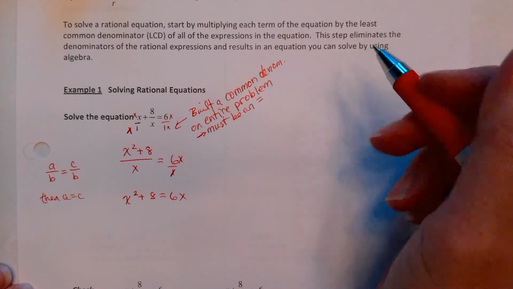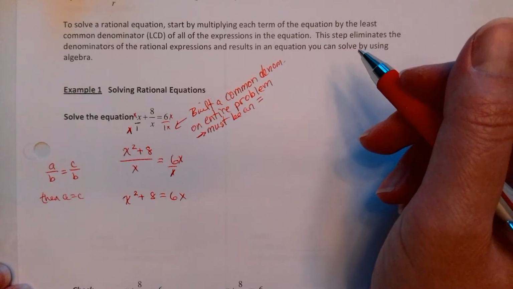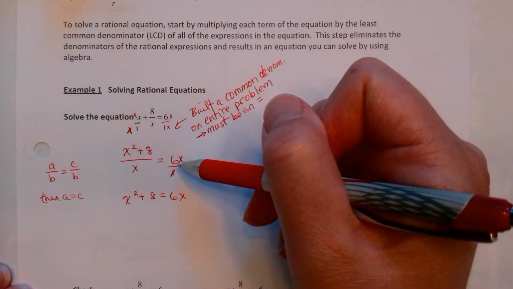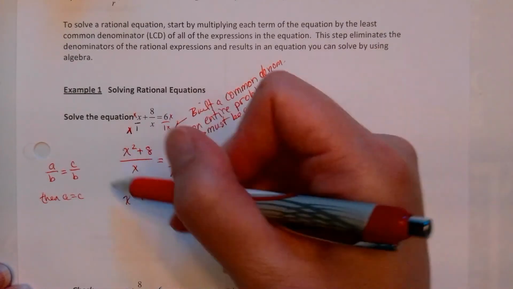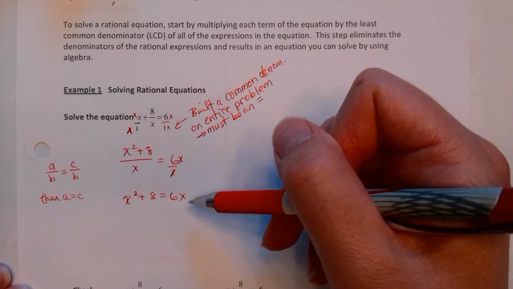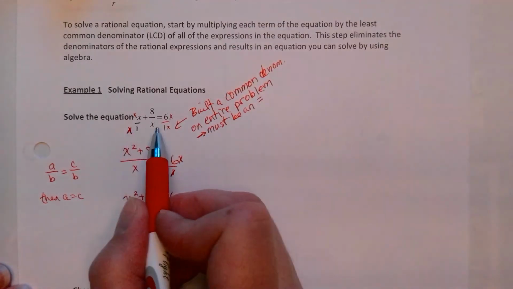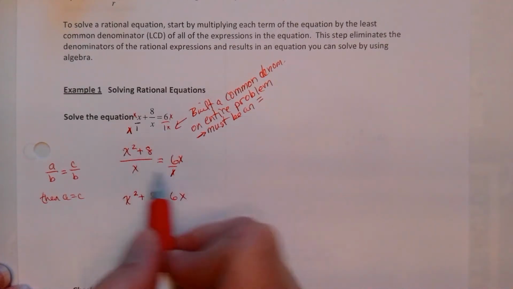So I cannot get rid of a denominator when I'm adding or subtracting or multiplying, dividing. I can only clear a denominator if I have a fraction equal to a fraction, because if my denominators are equal, then my numerators are equal. So this is a nice shortcut, but it can be more confusing than the other way. So I built a common denominator so I can keep that idea. I adjusted the top, and now I can set the top equal.